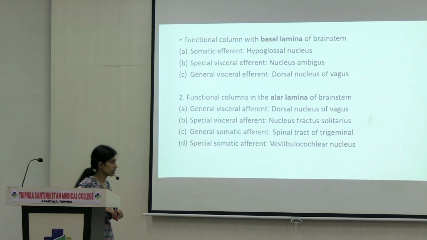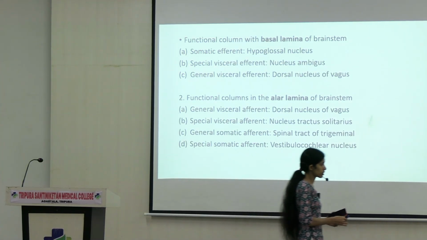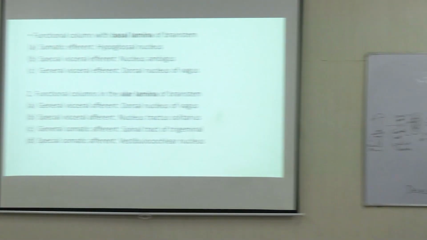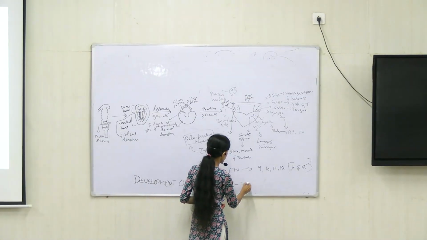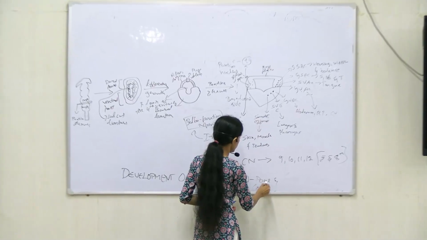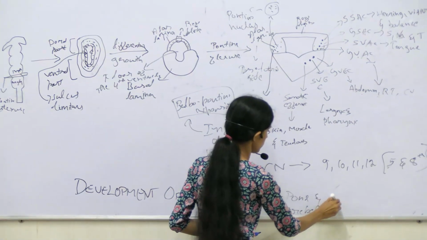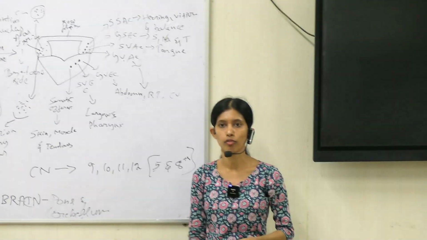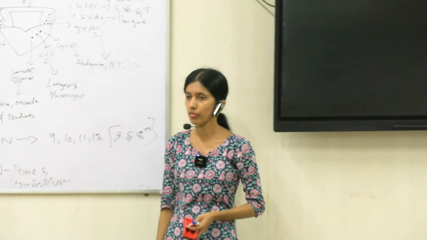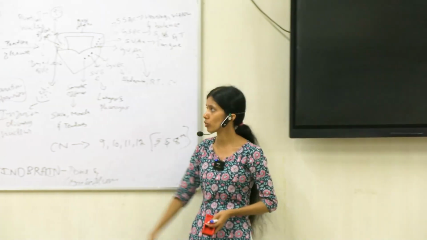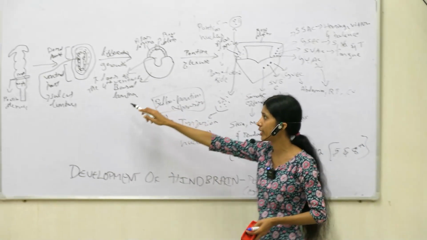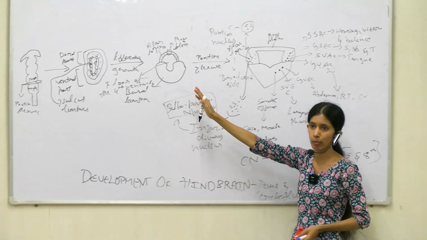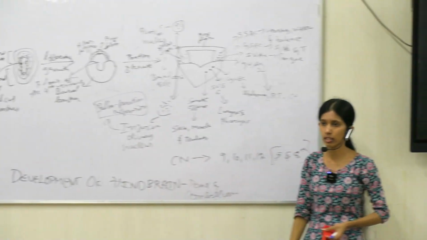The next topic is development of your pons and cerebellum. Okay. The development of your pons is very similar to the development of your medulla oblongata. In the development of your pons also we can see the formation of 3 layers followed by the formation of your alar lamina and basal lamina along with the sulcus limitans.